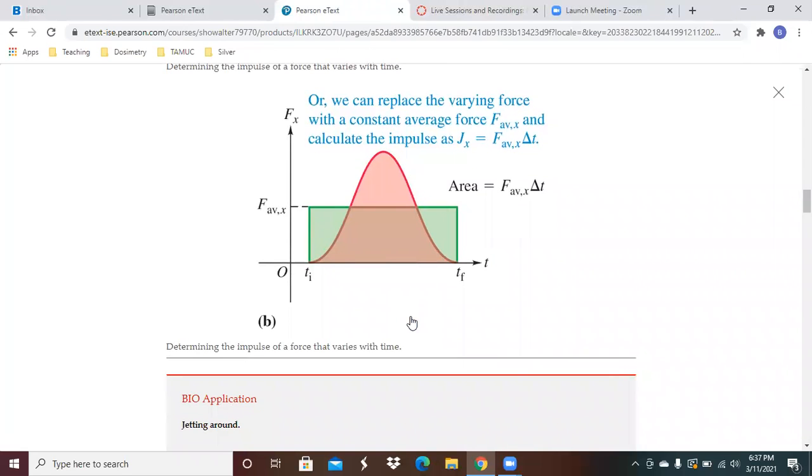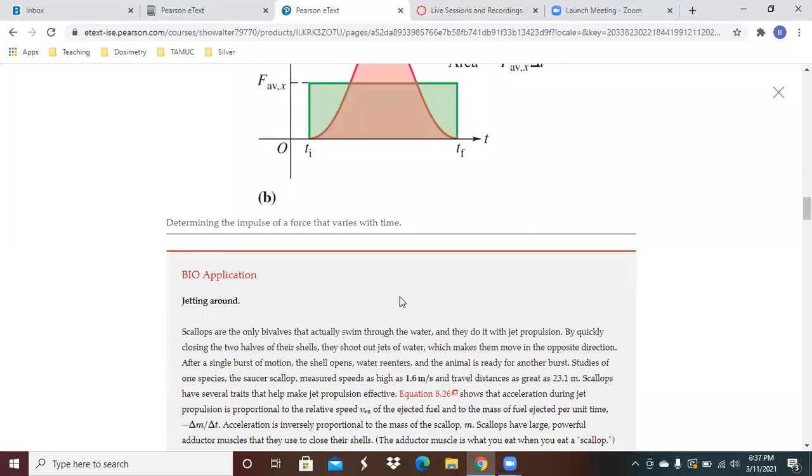So just give me the Reader's Digest version of what's going on here. And what that means is we're going to take whatever this force value happens to be, and we're going to average it out. And so we're going to say, okay, this thing behaves overall as the same average force acting at the same level from this time to this time. And that's how we're going to define it.